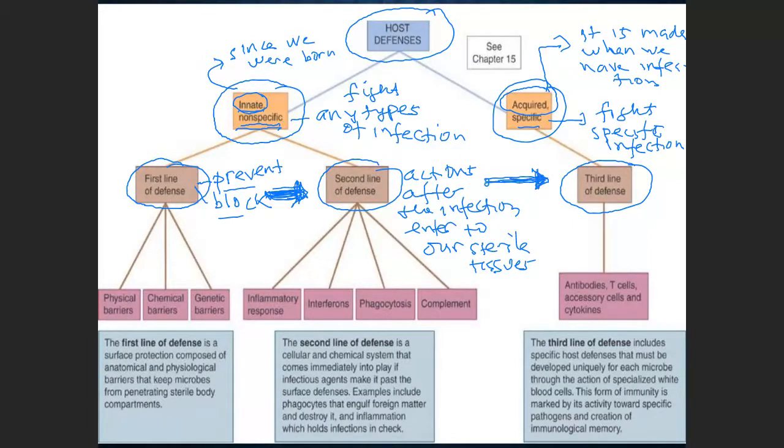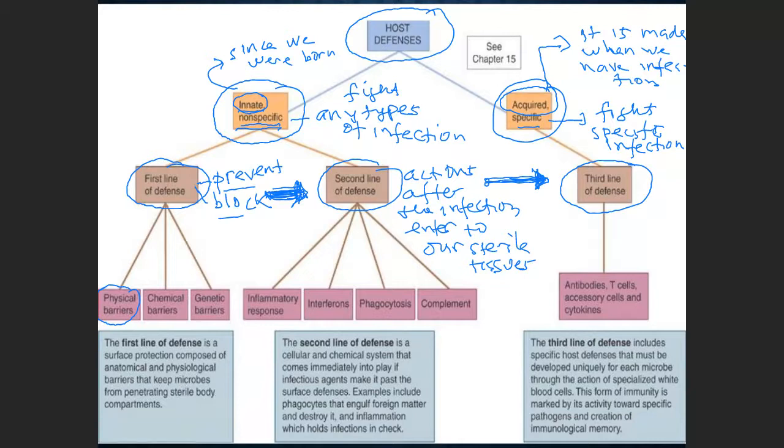Okay. Now, what is the first line of defense mechanism? Again, this is prevention, the blocking of the entrance of microorganisms. It can be done physically, by the physical barrier. For example, our skin. Our skin is very tough. It has many layers of cells, so it becomes a physical barrier to infection.